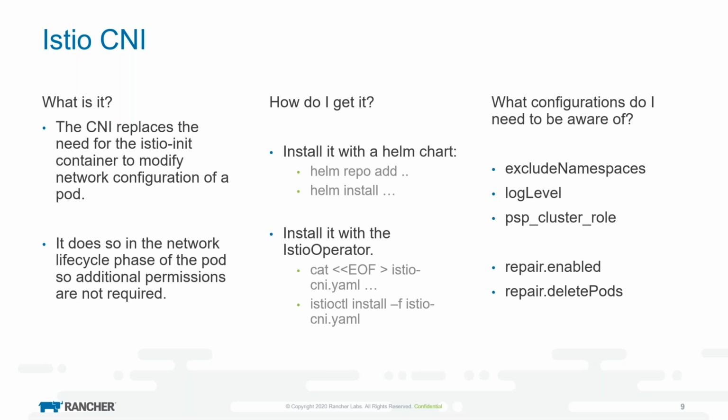And then the last two options, which to me were new options, are repair.enabled and repair.deletePods. What this does is Istio will try and remediate pods that for some reason or another can't spin up, can't join the service mesh. And those two options, you could do it in an automated fashion or you could do it manually.